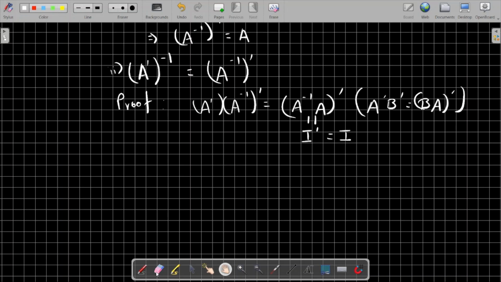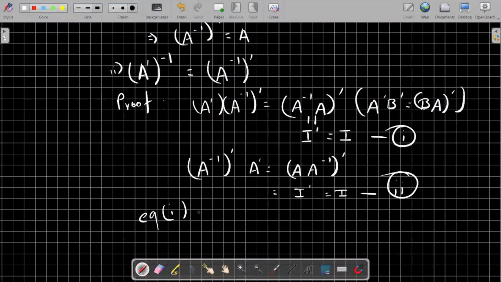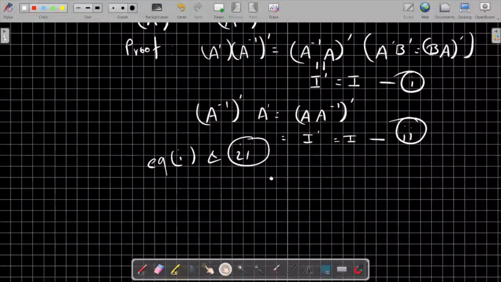In a similar fashion, if we take (A inverse) transpose into A transpose and apply the same property again, we will get (A into A inverse) whole transpose equal to I transpose equal to I. So now, using equation 1 and equation 2, what can we say?